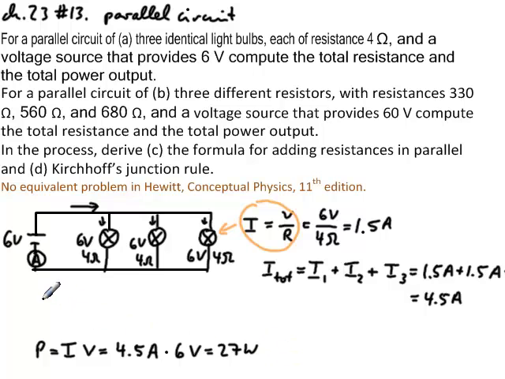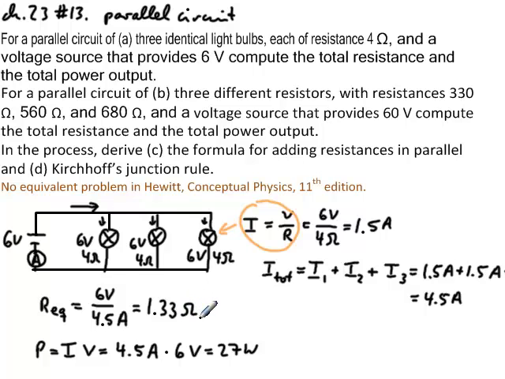At the same time, we can also determine what the total or equivalent resistance is, which is the total voltage, 6 volts, divided by the total current, 4.5 amps. And you'll be a little surprised because the total resistance comes out to 1.33 repeating ohms.